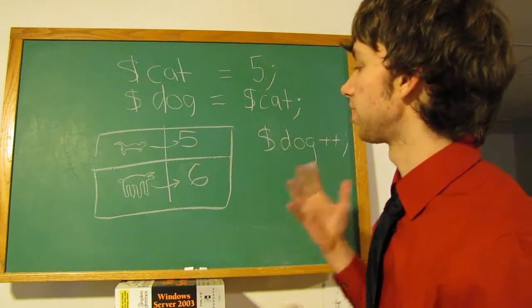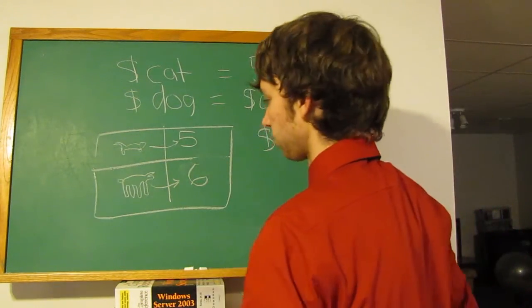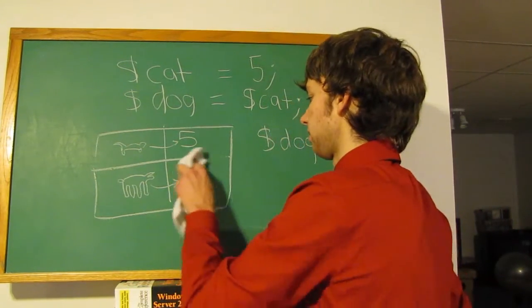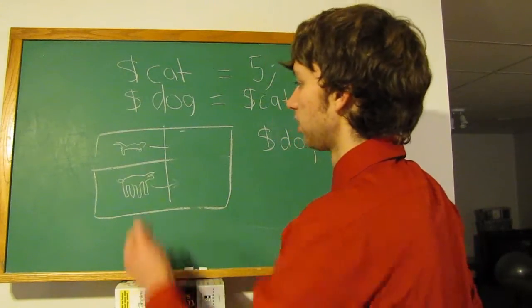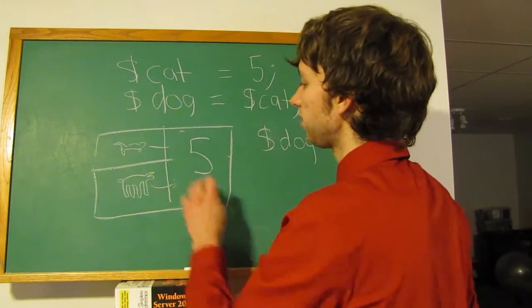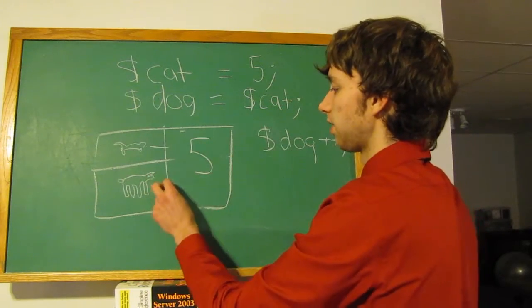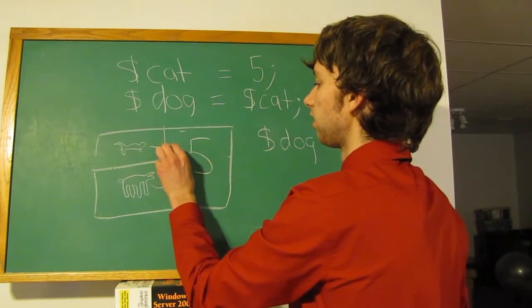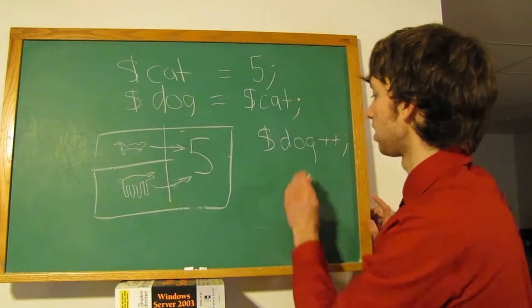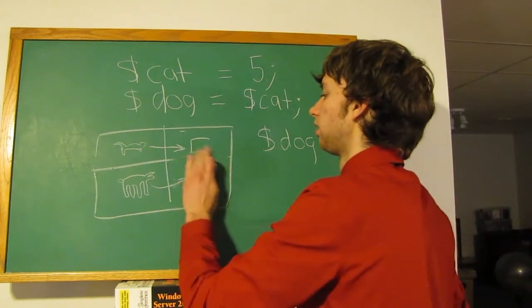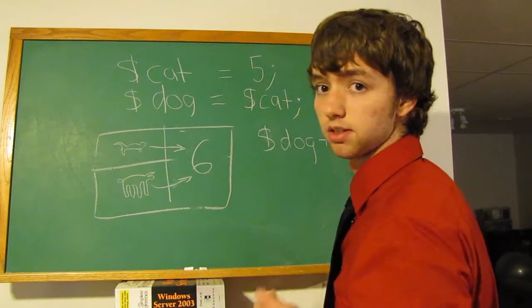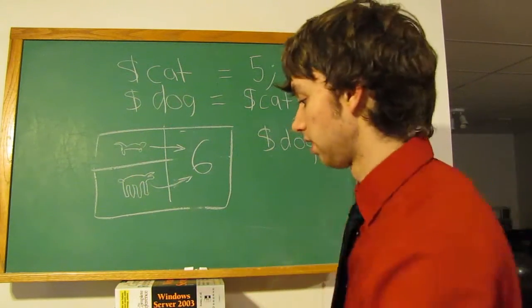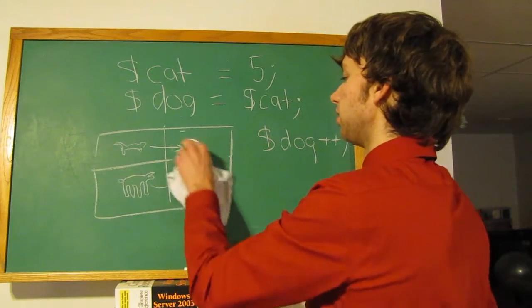So it's not like this. This is what it's not. It's not to say that cat has a value of 5, dog copies cat, so now they both point to this 5, and then when I say dog plus plus, it changes this value to 6, and it also changes cat. That's what it's not. It has 2 separate values.